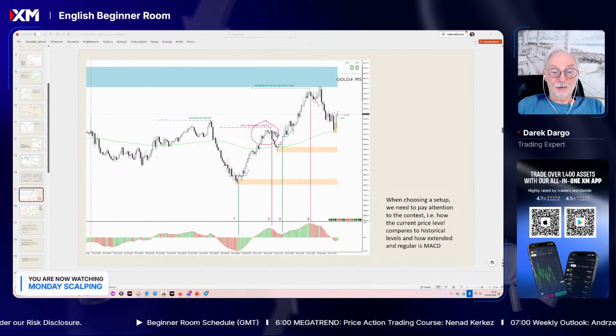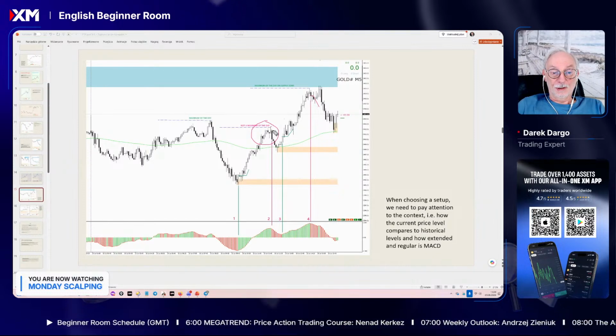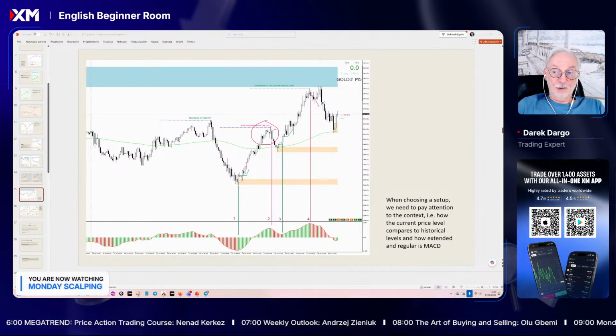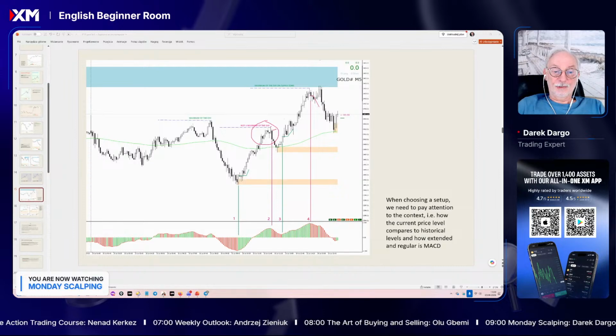This was the maximum, and this is the candle creating this change. Then you must ask yourself, is it really a maximum? No. The maximum of the day was here.